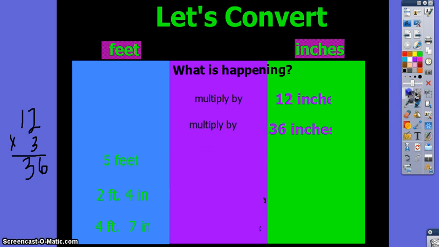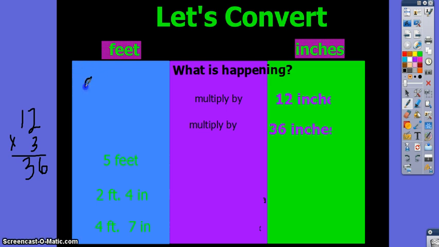Okay, our next problem. We have 5 feet and we want to convert that to inches. On your chart it shows you that there are 12 inches in 1 foot. So on my paper what I'm thinking is this.